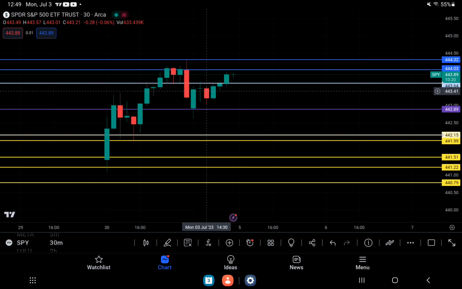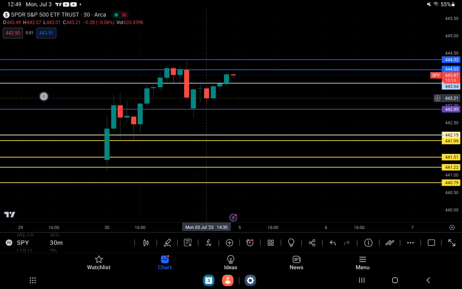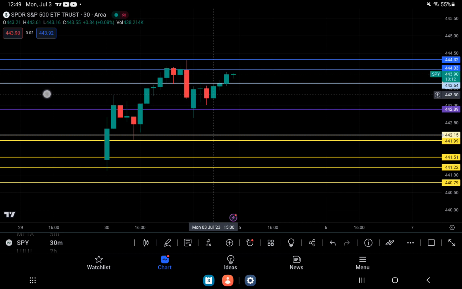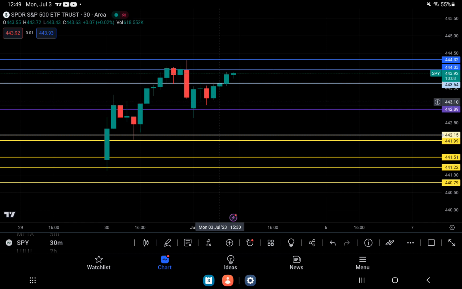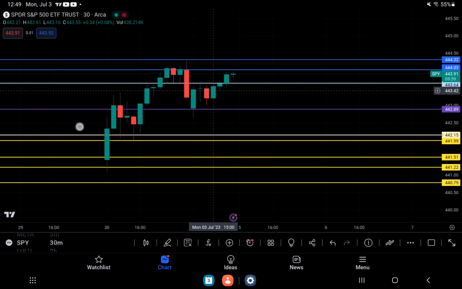From this, I'm basically assuming, okay, now we're gonna have a pullback, and we had a pullback down here. We closed at 443.17. Since we didn't close below the purple line, I said, okay, we're gonna reverse to the upside, and that's what happened. This green candlestick.